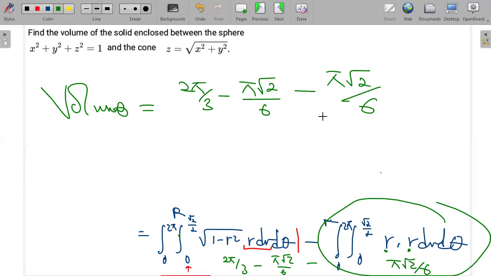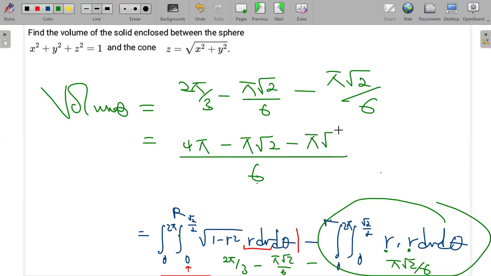All right, so let's combine these. So we are going to say let the common denominator be 6. So 3 into 6, I get 2. So 2 multiplied by this, I'm going to get 4 pi minus, here I'm just going to get pi root 2. And then I'm also going to get minus pi root 2 even there.